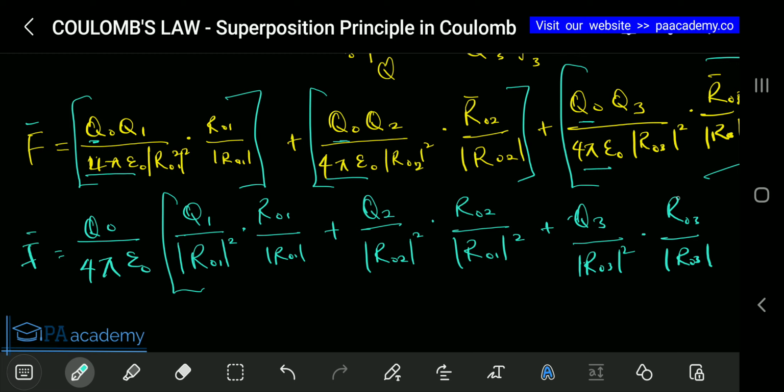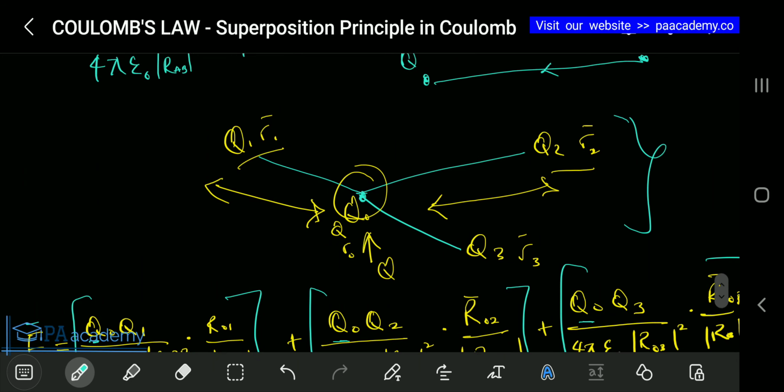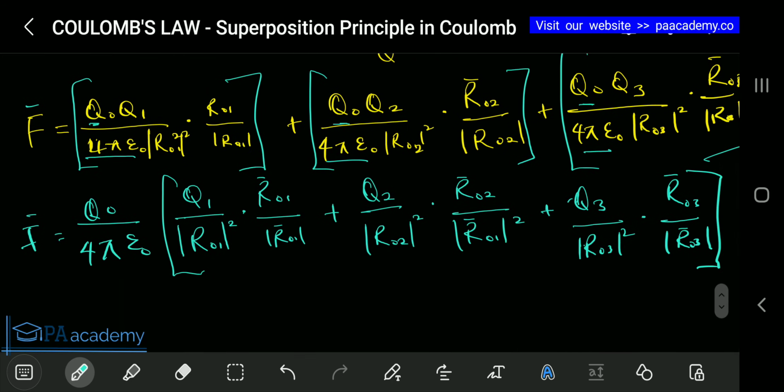So don't forget the bars when necessary. This will be the case if you have 3, just based on this diagram. If it is 4, if it is 5, you should know that it will continue like this.